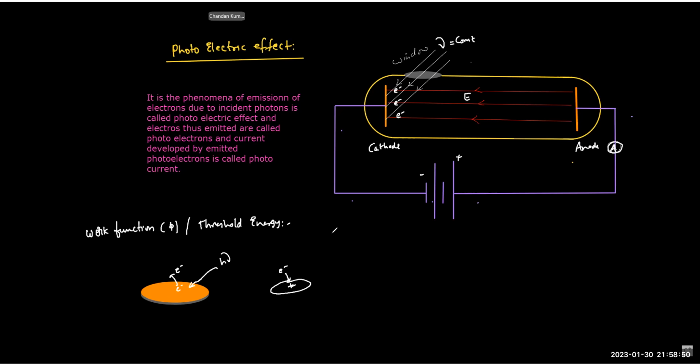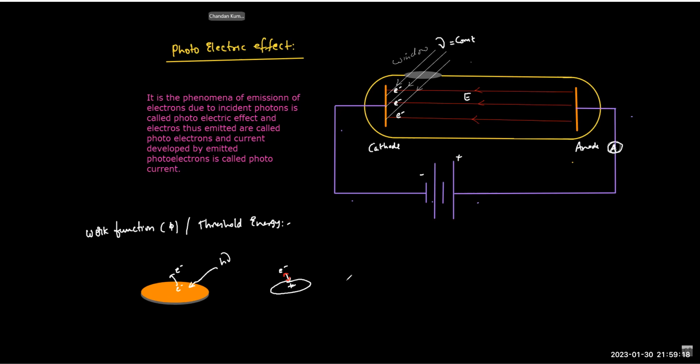So this attractive force, if it is sufficient, then the electron will come back. To get rid of this attractive force, you need to go some distance away. That distance may be in micrometers, maybe nanometers also, but there is some value beyond which they cannot interact.